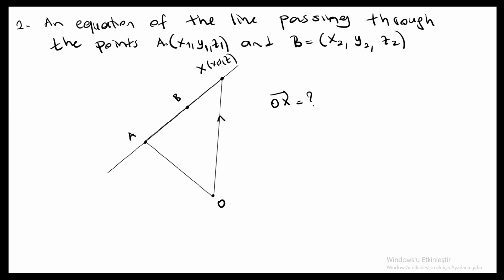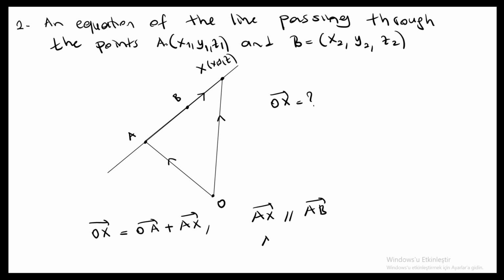So to write OX, I have OX equals OA plus AX. But AX is parallel to AB, this line segment.